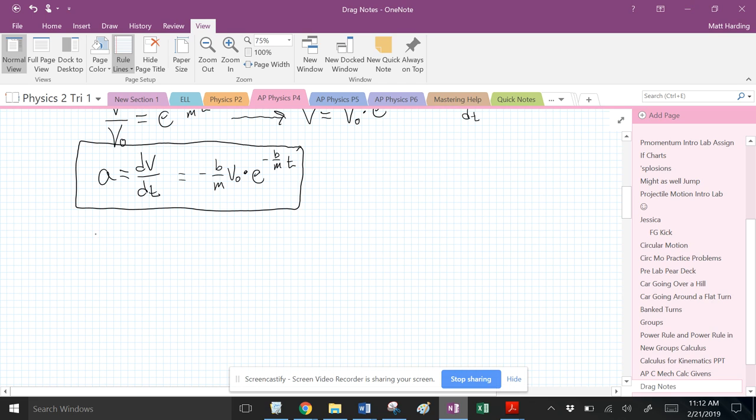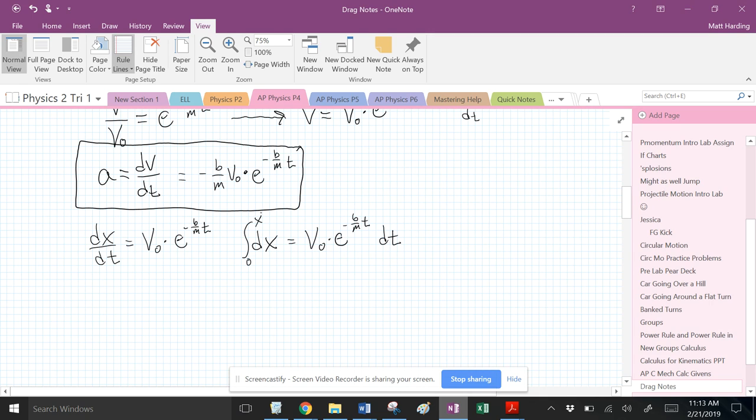We have our expression for the velocity. Velocity is the derivative of position with respect to time, so that is v naught e to the negative b over m t. We separate this out a little bit and set up our bounds of integration.